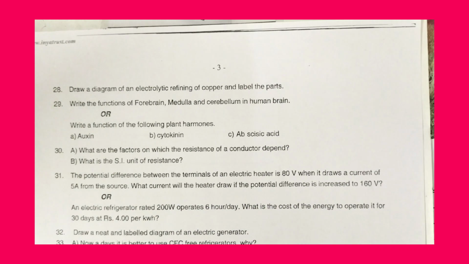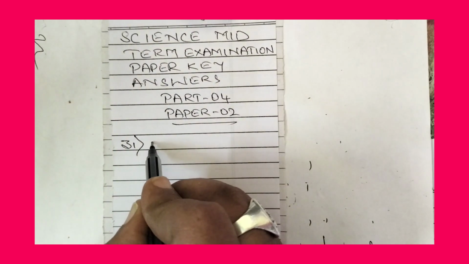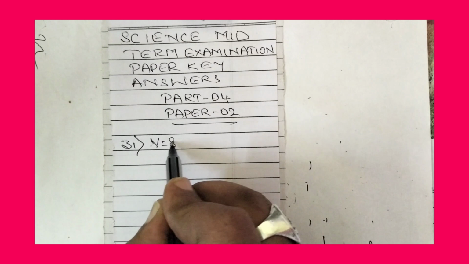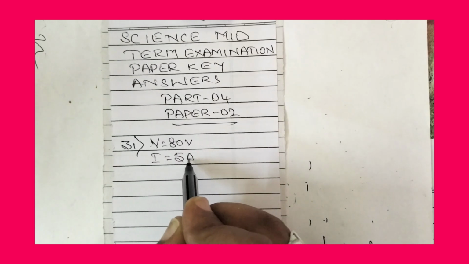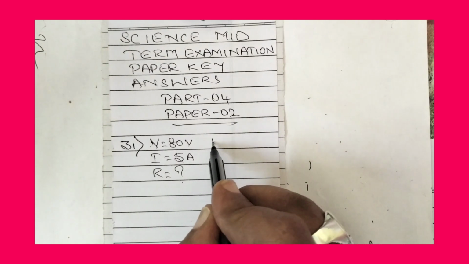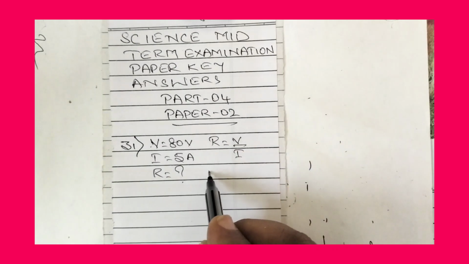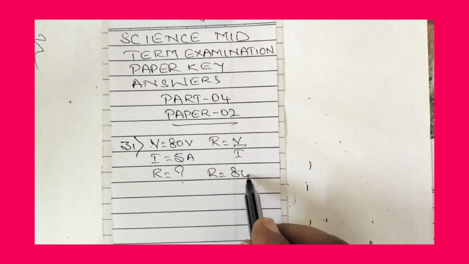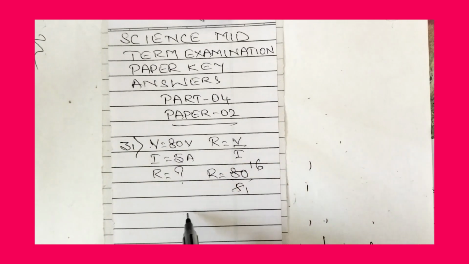First, let us use the given voltage and current. So they have given voltage is equal to 80 volts, current is equal to 5 ampere. First let us find out the resistance of the heater. According to Ohm's law, R is equal to V by I. R is equal to V, that is 80, divided by I, that is 5. 5 16s are 80.